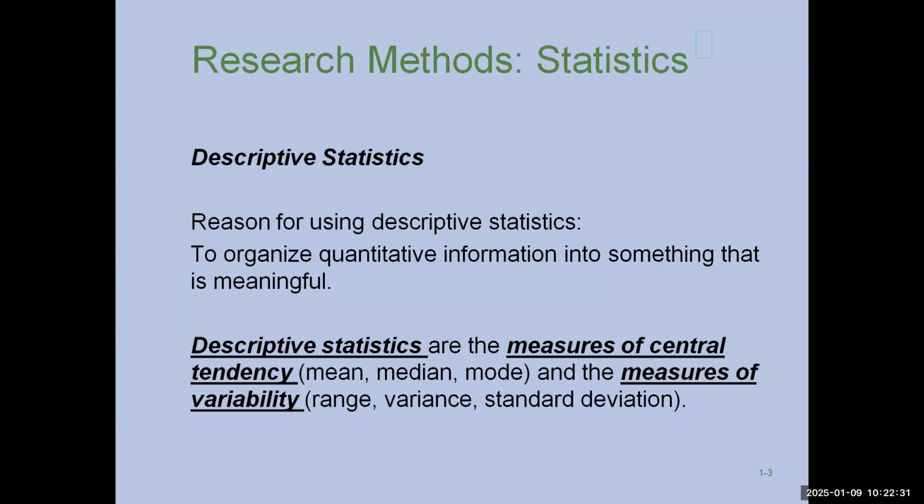So descriptive statistics are the measures of central tendency, which provide the data trend. That means the mean, median, and mode. And the measures of variability, which are range, variance, and standard deviation. Very simple.